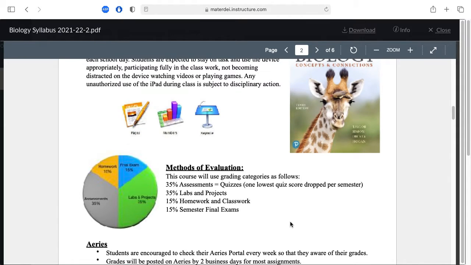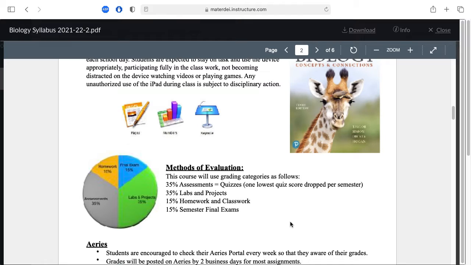Now here's the important thing. Right here you can see the way you're going to be graded in this class is in 4 buckets. It's called grading categories, 2 of which are more important than the other 2. So focus in on doing well on these 2. Labs and projects are 35% of your grade.